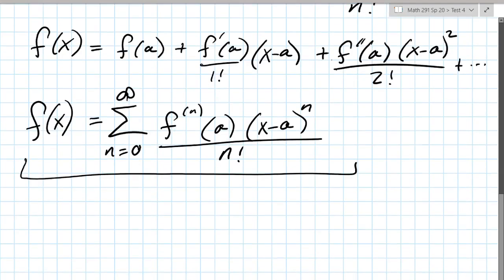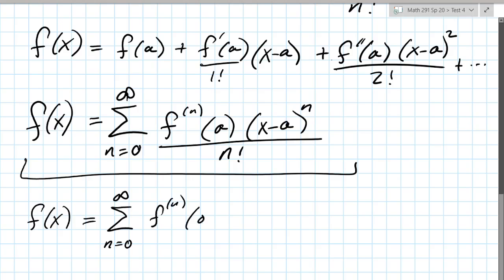If we want to have this function centered at 0, then we could have a equals 0, and we get a more specific case: the nth derivative at 0, and so this is just going to be x minus 0 to the nth power over n factorial.